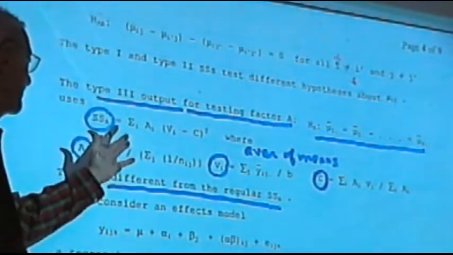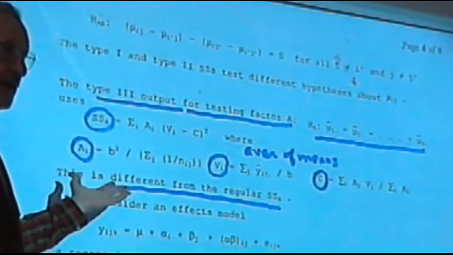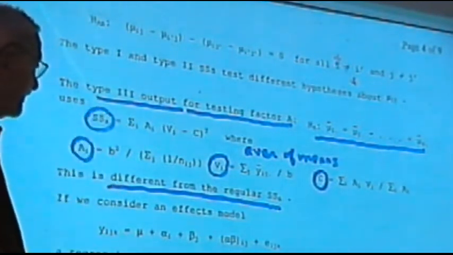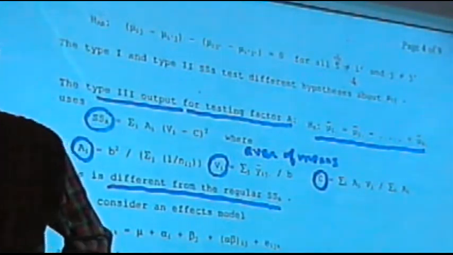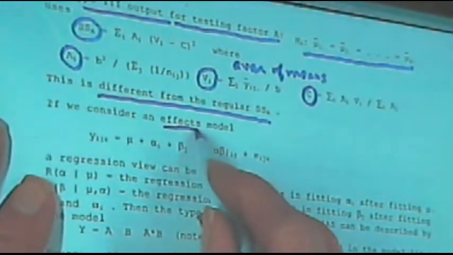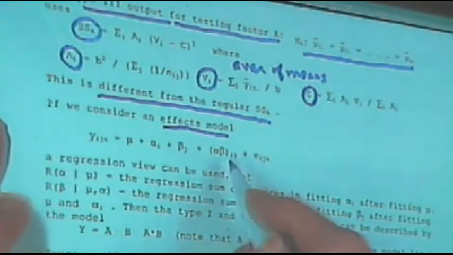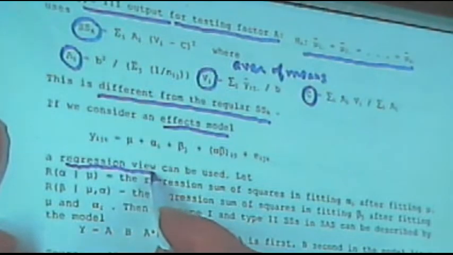Now, there's a similar statement about B, which I didn't write down here because it would be parallel to this. So this is enough to give you the idea as to what's going on here. So now turn the thought to something else here, something that you encountered last semester, I'm sure. If you consider the effects model, alpha_i, beta_j, alpha beta_ij, we can turn to a regression view in analyzing the data.